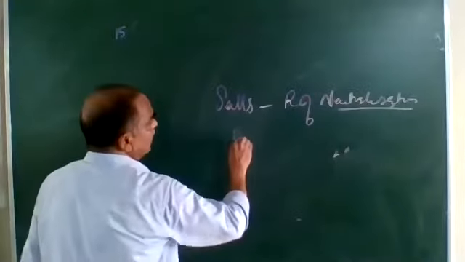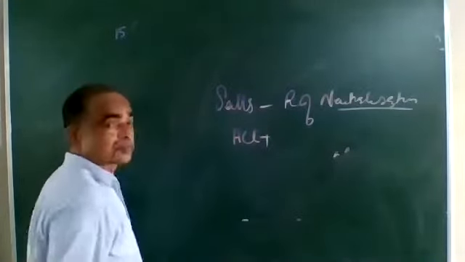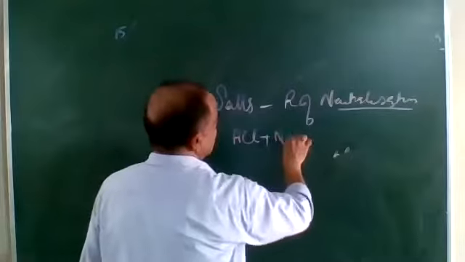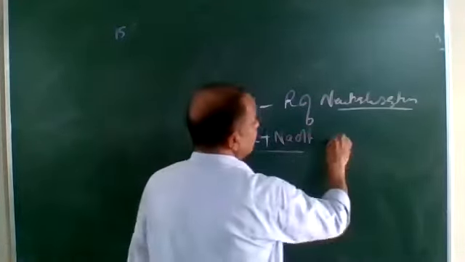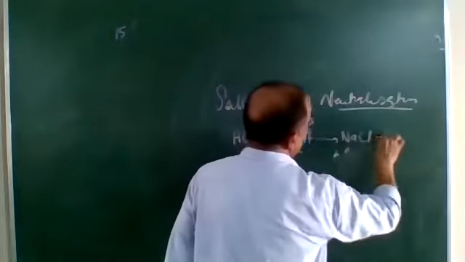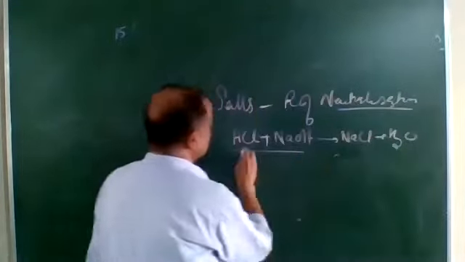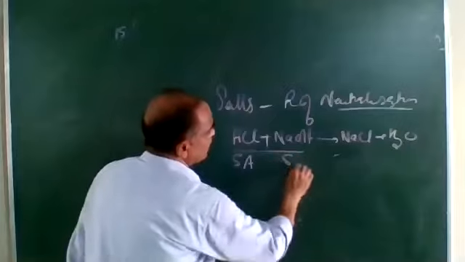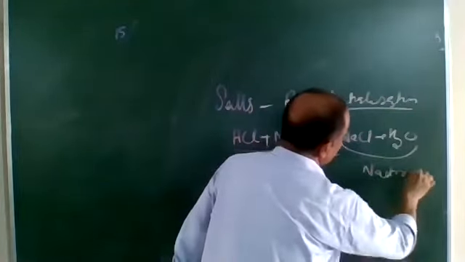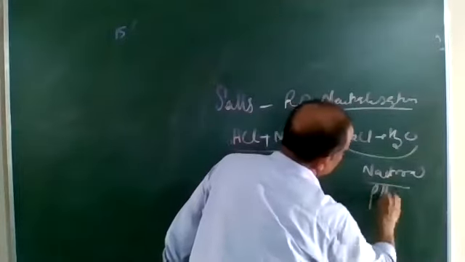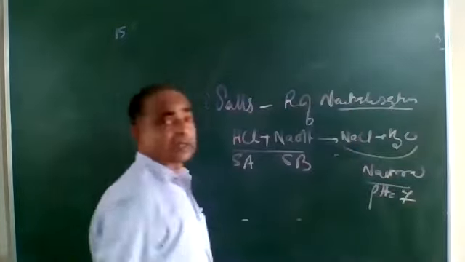When HCl is a strong acid and NaOH is a strong base, these are completely dissociated. So we get the product as NaCl plus H2O. This is a strong acid, this is a strong base, so therefore this product is neutral. What I mean to say is that its pH will be equal to 7. Understood the concept?